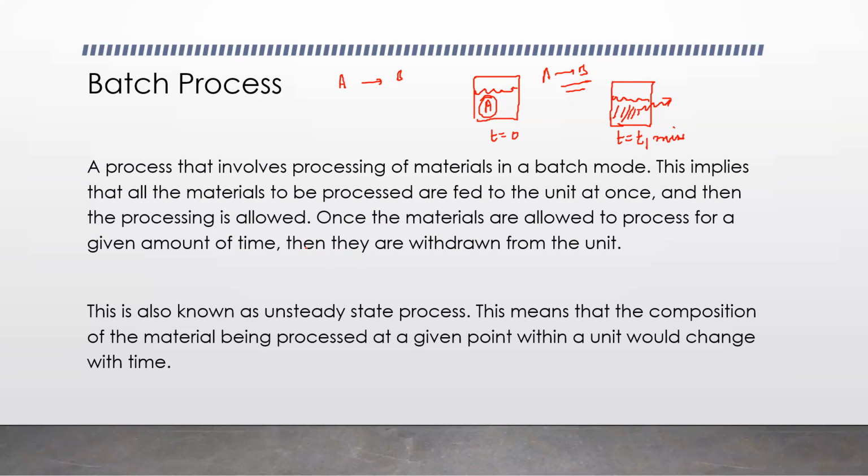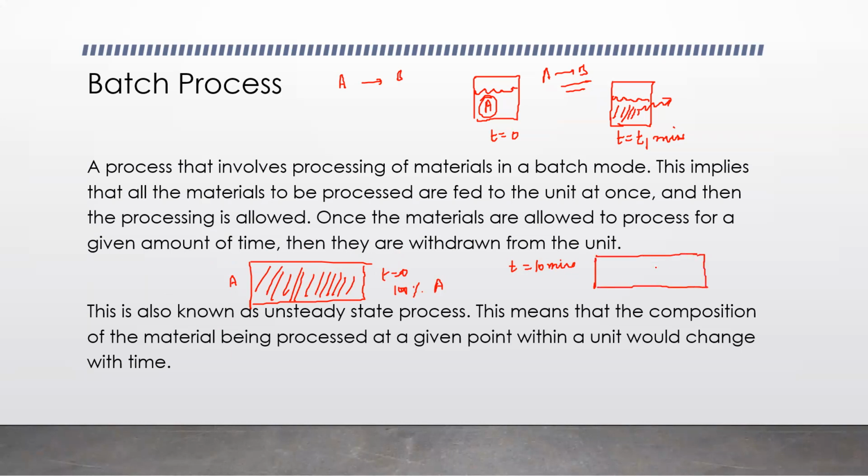This means that the composition of the material being processed at a given point within a unit will change with time. For example, let's take the same example. I have this reactor that I have filled with A. This is at time t equals 0, where 100% of it is A. Let's say I check this after 10 minutes.